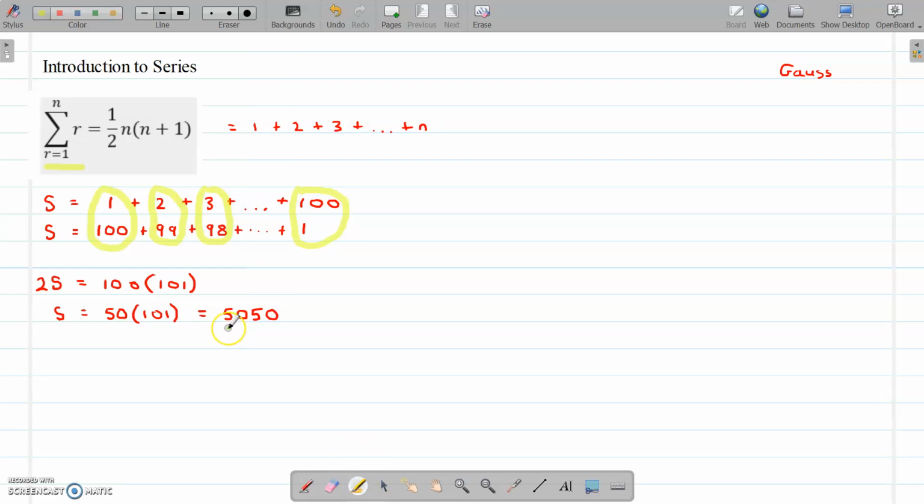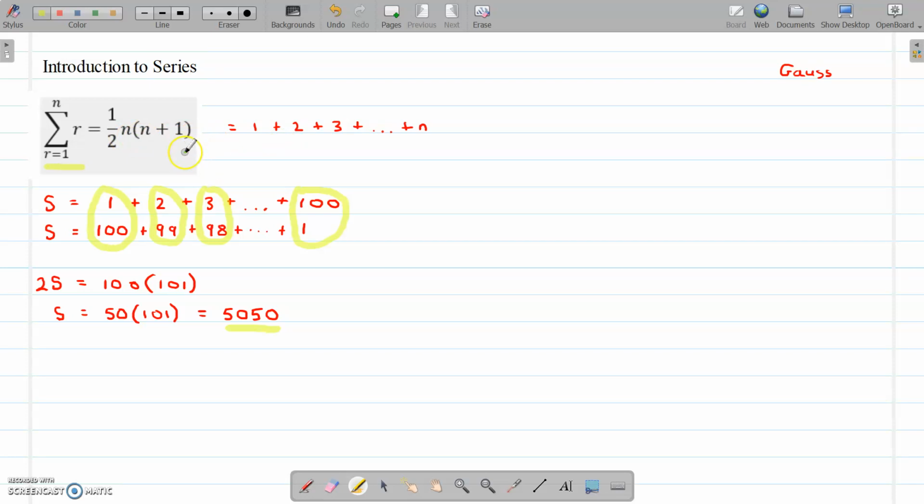Okay? And it comes about very quickly using that. Now, if you look at the formula on the right, you can see that actually that's exactly what this is here. Because in our example here, n was 100. And I've got here a half of 100 times 100 plus 1, which is a half of 100, 50 times 101.